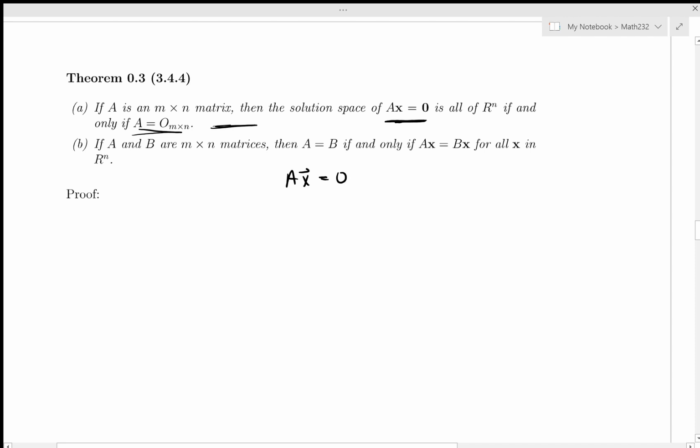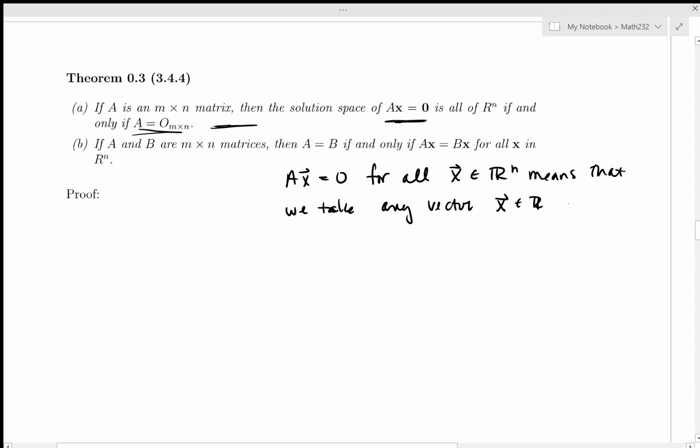Ax equals 0 for all x in Rn means that we take any vector x in Rn and Ax equals 0.